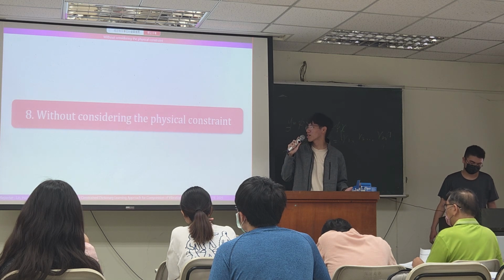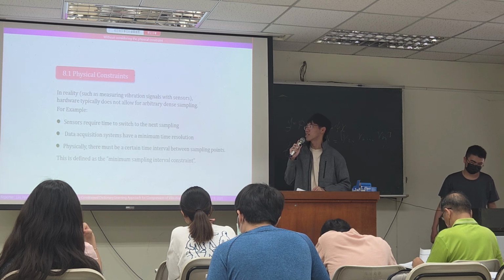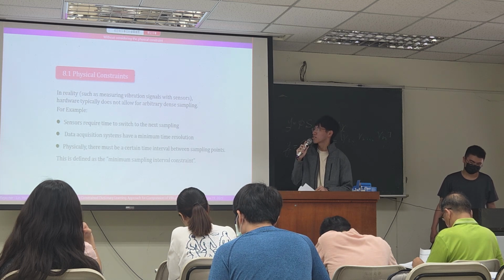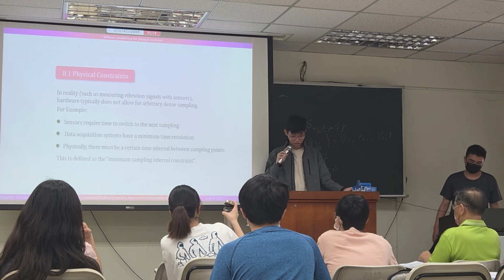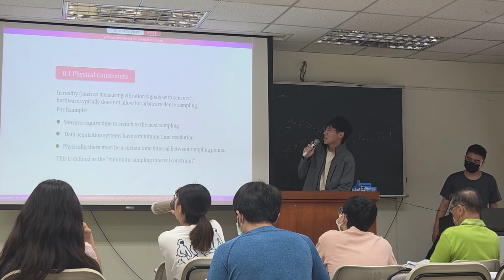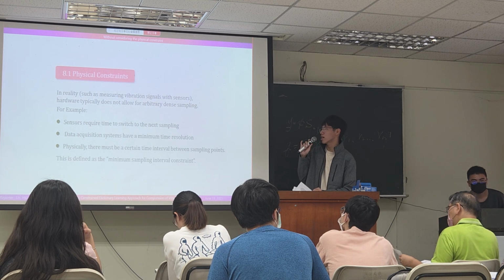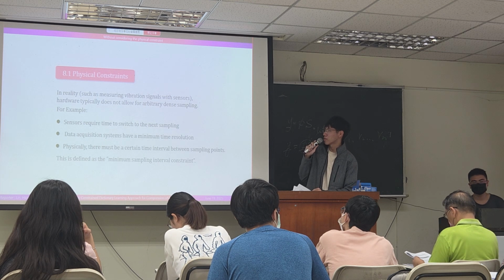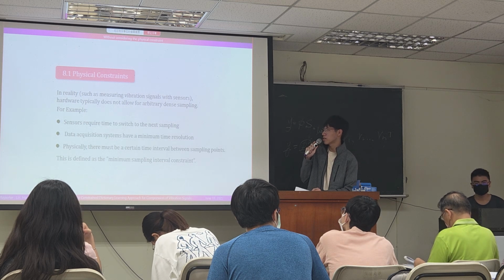For the A part, we are not considering the physical constraint. In reality, a measuring series sensor requires time to switch to the next input, and the data acquisition system has a minimum time resolution.